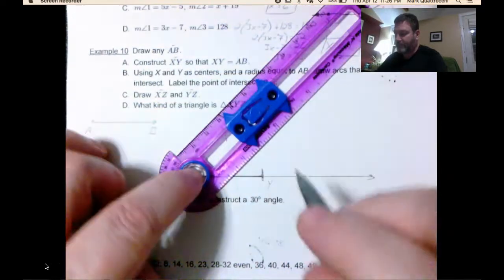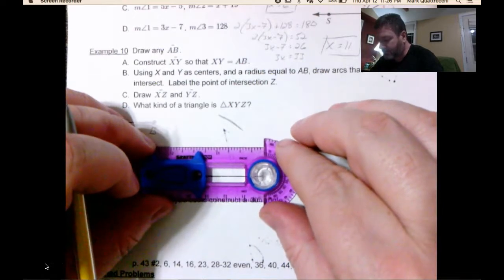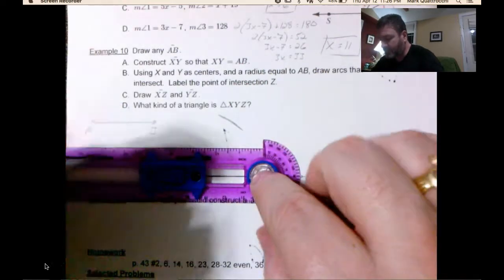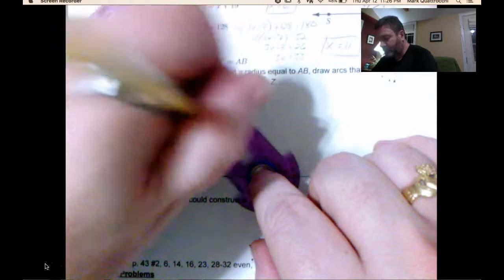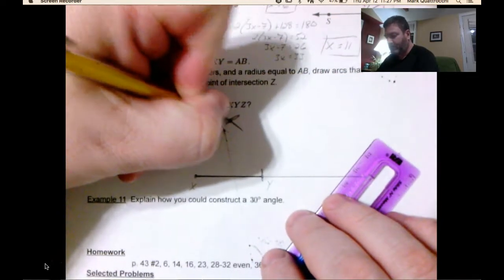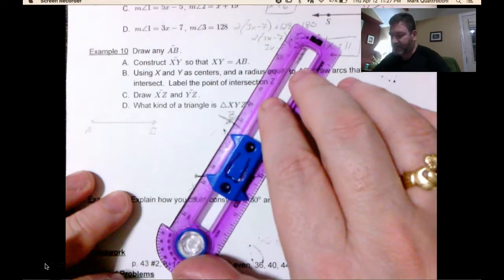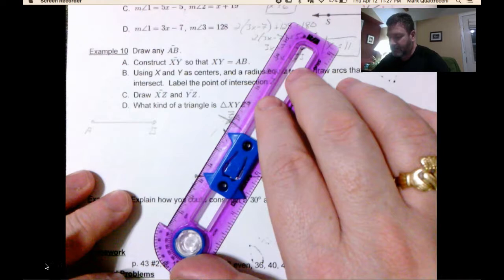I'm going to intersect 1 and 2. Label this point Z. Draw XZ and YZ.